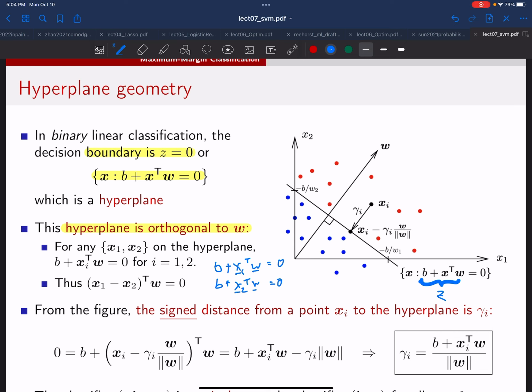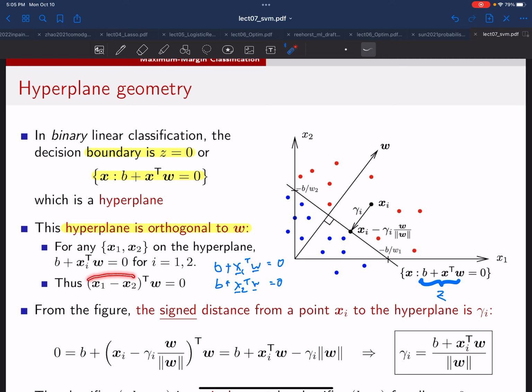Then I can subtract the second from the first, and that will equal 0 minus 0. When I do that subtraction, the b's cancel out, and I get x1 minus x2 transpose w, and 0 minus 0 is 0. So from any 2 points on the hyperplane, I can see that this happens.